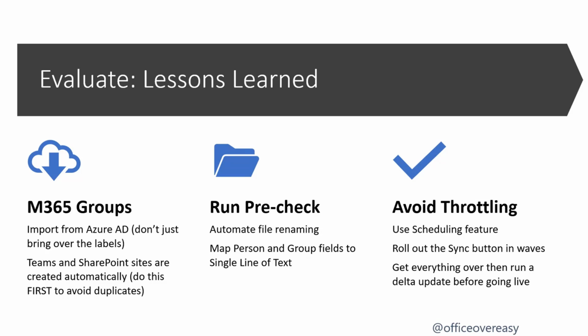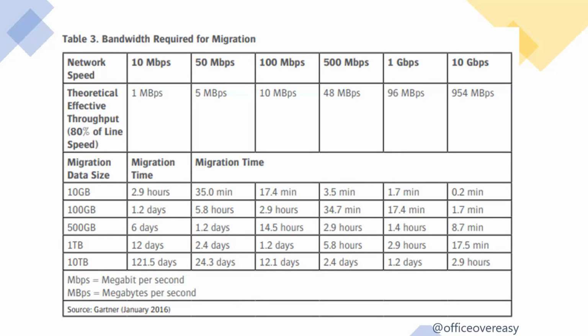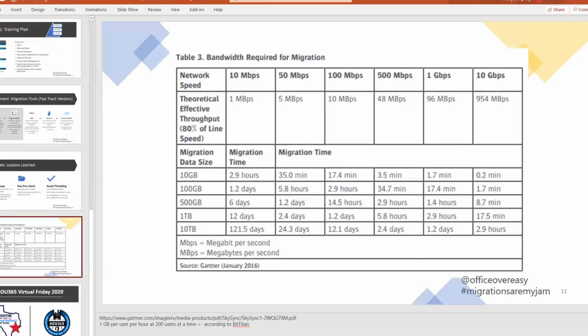And then the throttling: by now you probably know and understand that these things take time. Use the scheduling feature, roll out the sync button in waves, get everything over and then run a delta update. You don't really know how long it's going to take until you actually get in there. Even this might be kind of old now, but I think, what did I put in the notes? 1 gig per user per hour at 200 users at a time.